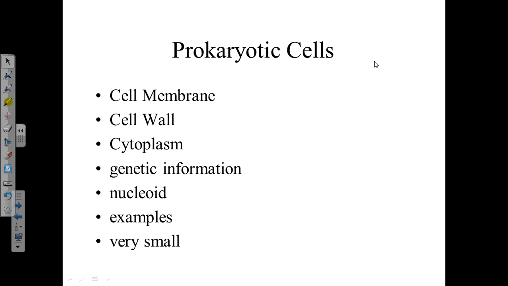I'm going to oversimplify a bit here, but there's really only one group of organisms on Earth today that have prokaryotic cells. What are they? Bacteria. If you hear the word prokaryote or prokaryotic, the first thing that should come to your mind is bacteria. They're the only things on Earth today that have these kinds of cells, prokaryotic cells, bacteria.